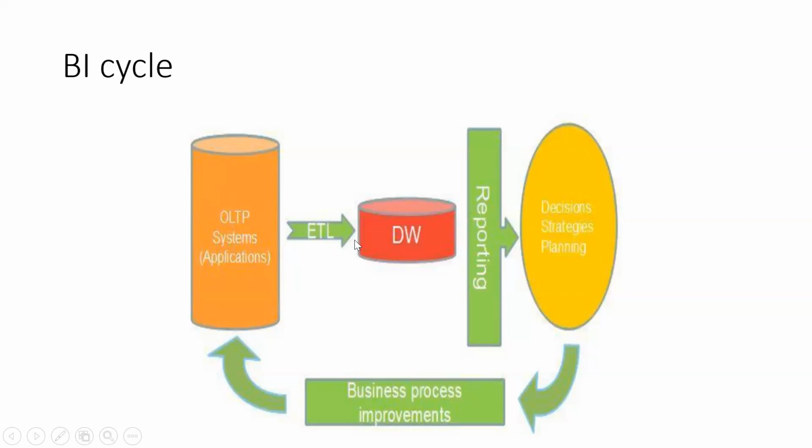Now, what is ETL? ETL is an abbreviation: E for extract, T for transform, L for load. So the ETL is extracting the information from the source system. It will transform the information and it will be loading the final data to the data warehouse.